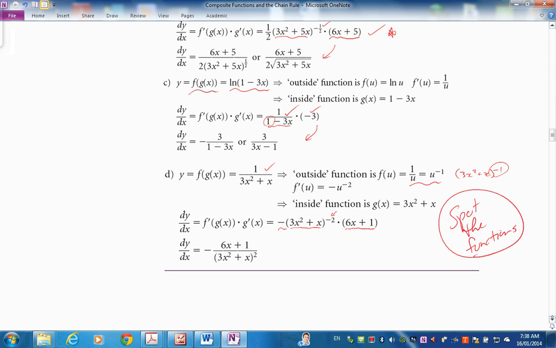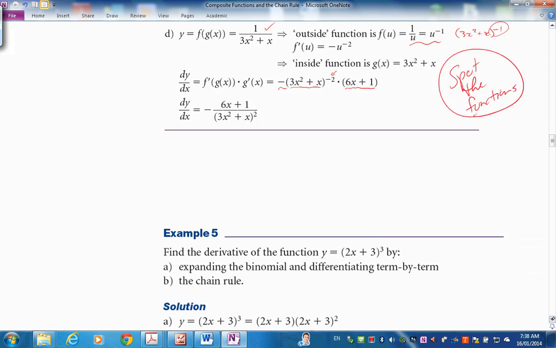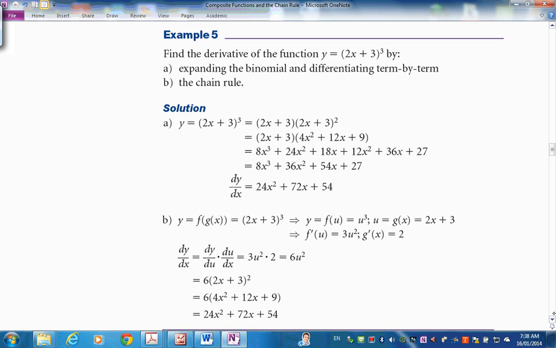Okay, let's do some more and see if you can get your head around this. Let's look at example 5 again from Pearson's. Find the derivative of the function here by expanding, because that's earlier part of the course, or by the chain rule. So 2x plus 3 all cubed. Oh gee, this is a long way of expanding, isn't it? You might have used a binomial expansion for that. Should really know that, because the coefficients are 1, 3, 3, 1.